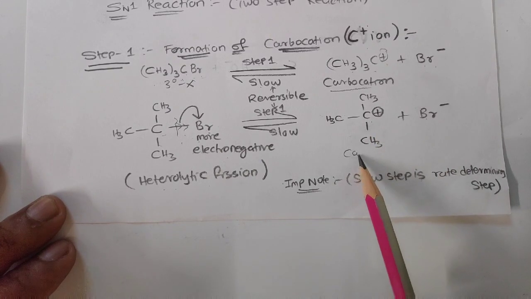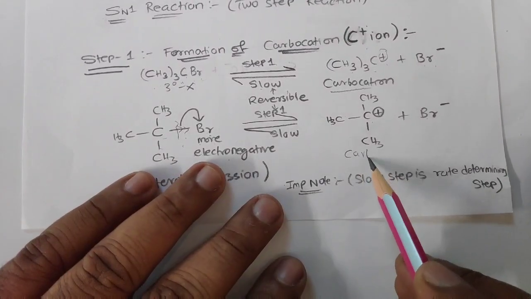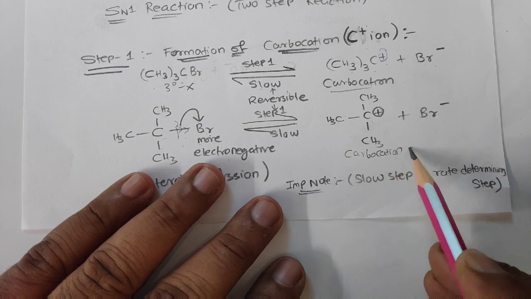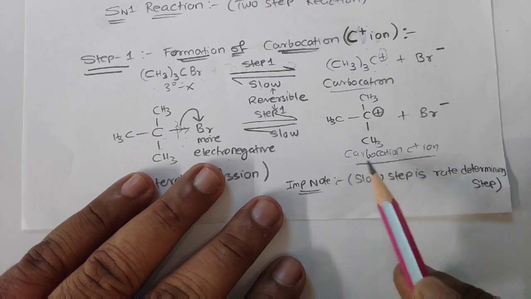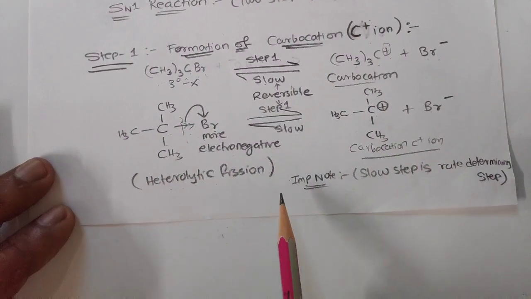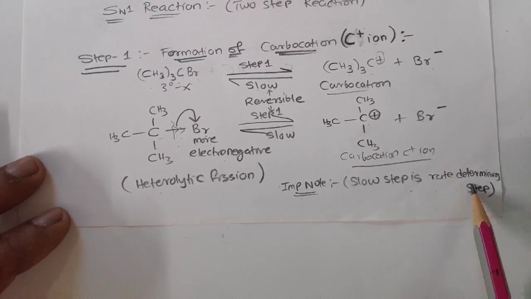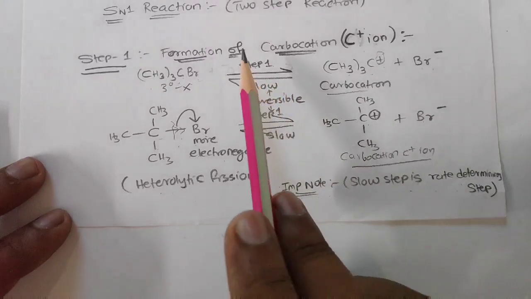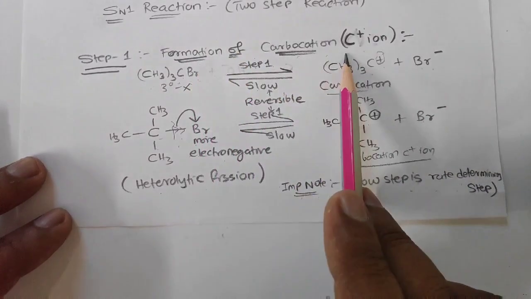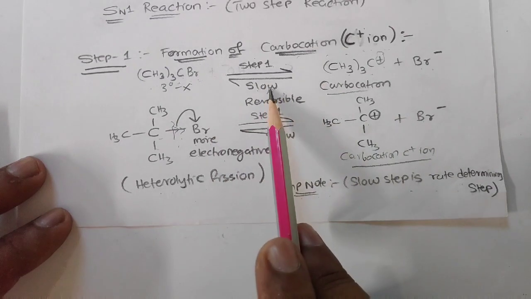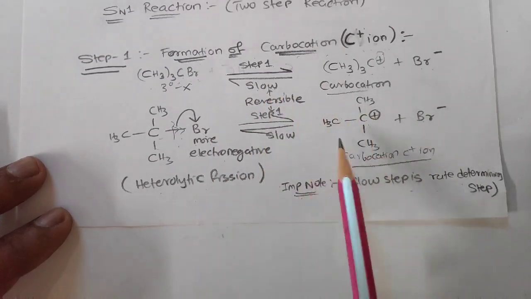So this is your carbocation, the C+ ion formed in the first step. Always remember this important note: the slow step is the rate determining step. This was step 1, the formation of the carbocation.